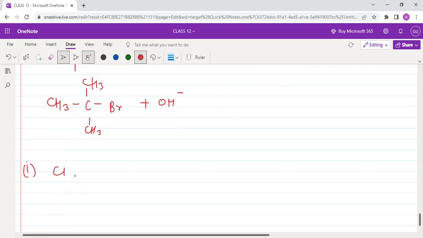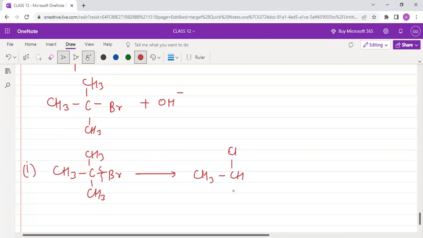Bromine is more electronegative, so bromine will gain negative charge and carbon will gain positive charge.